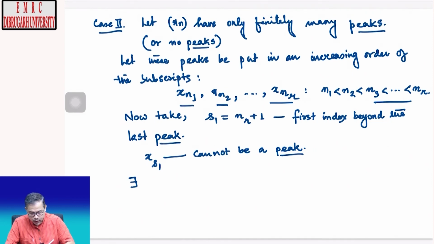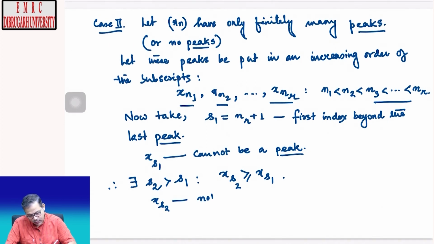Now, these are the only peaks, therefore, x s1 cannot be a peak. Therefore, there exists another index s2, which is greater than s1, such that x s2 is greater than or equal to x s1, right. But again under the same argument, x s2 is also not a peak.